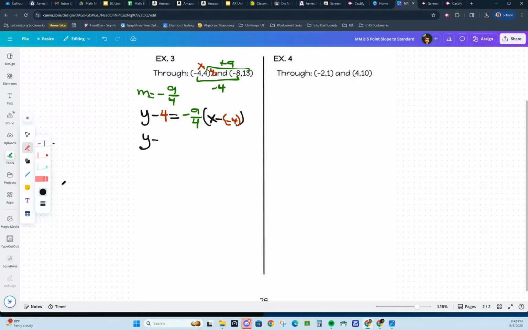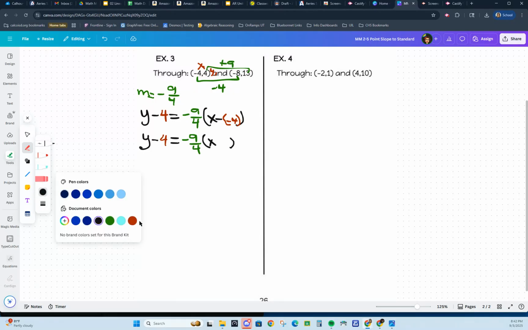So y minus 4 equals -9/4 times x plus 4.